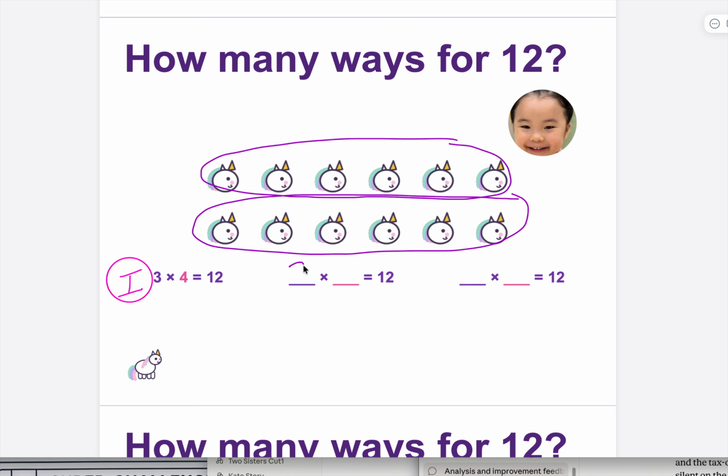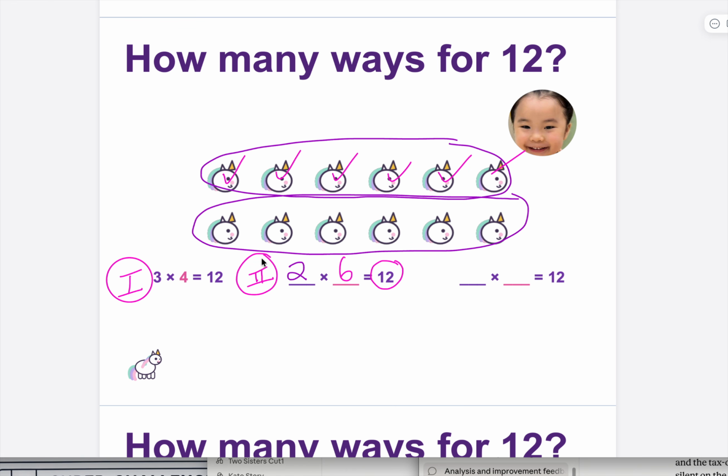So Daddy's going to say 2 times something is equal to 12. That something is the number of unicorns in each group. So that's 1 unicorn, 2, 3, 4, 5, 6. So Daddy has 6 unicorns in each group. So 2 times 6 is going to represent 12 again. So that's Daddy's second way to show how we can make equal groups.